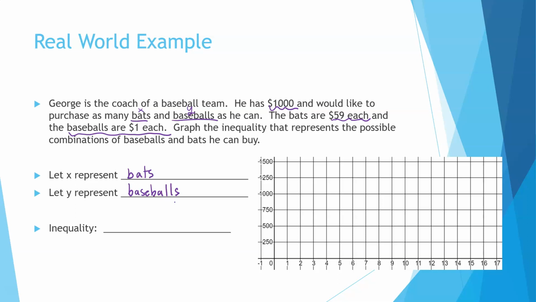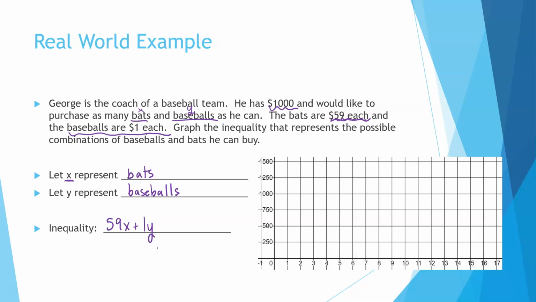So in this case, I'm just writing an inequality to represent how many baseballs and how many bats he can buy. Well, they tell me that each bat is $59. So since x is my bats, I would represent that by 59 times x. Each baseball is $1. So I would do plus 1 times y, however many baseballs I buy.